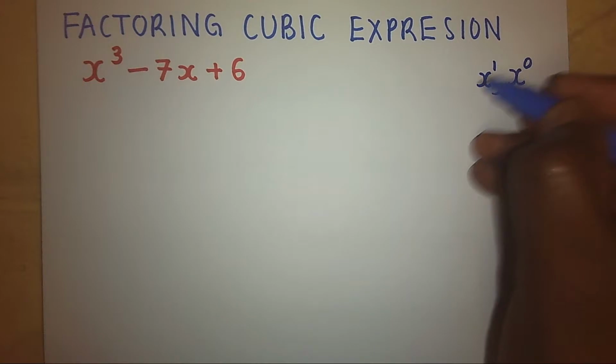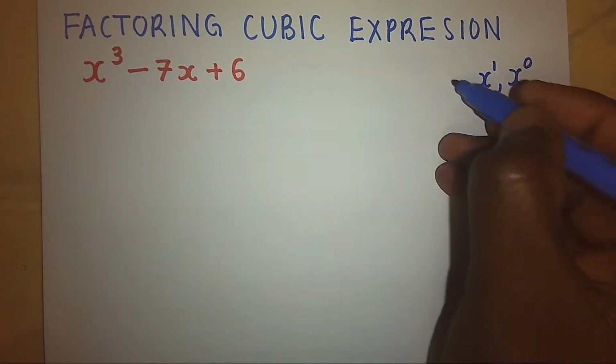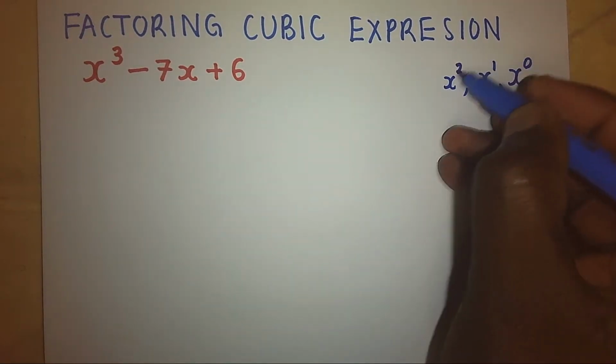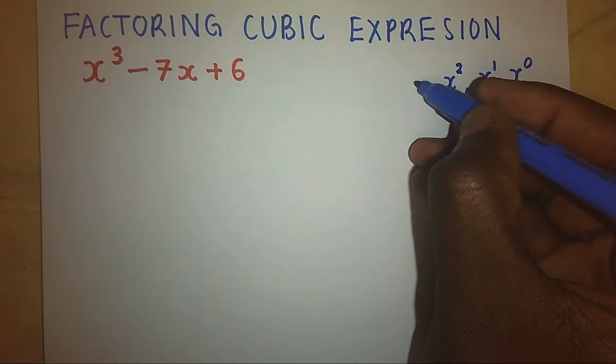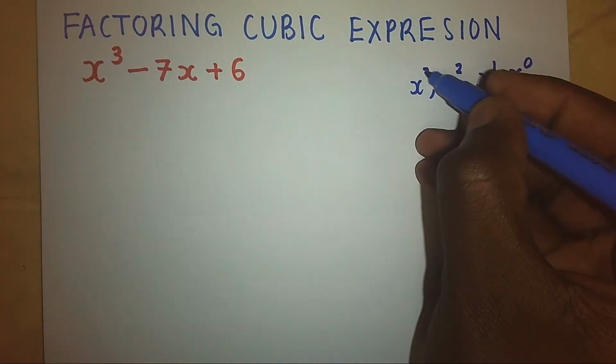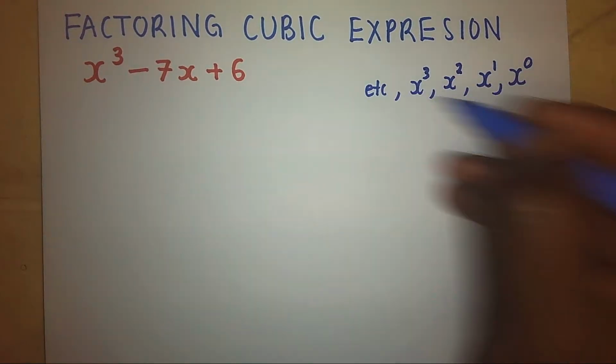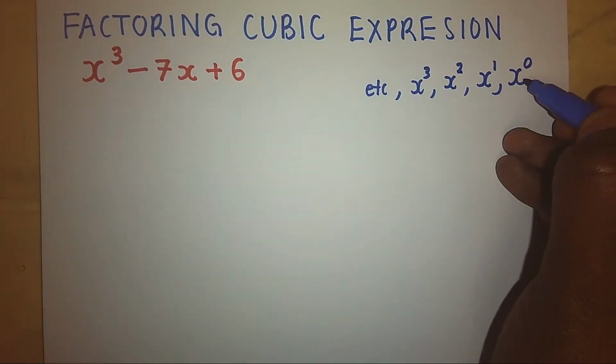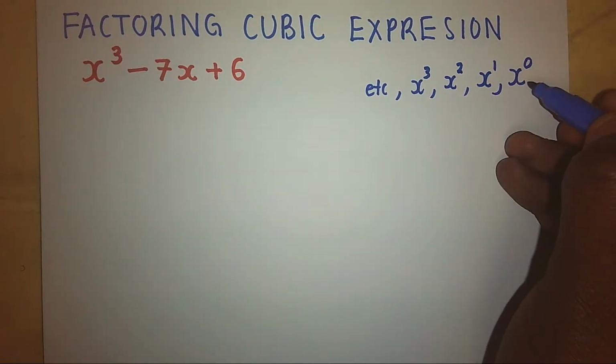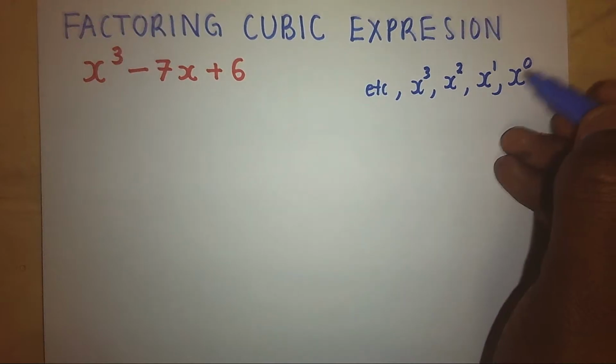The power from 0, power 1, power 2, power 3, power 4, etc. When we have got power 0, this becomes a constant because any number to the power 0 becomes 1.